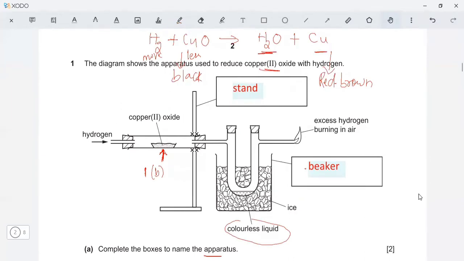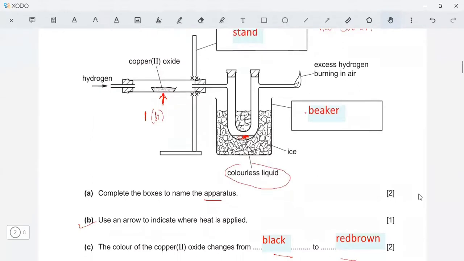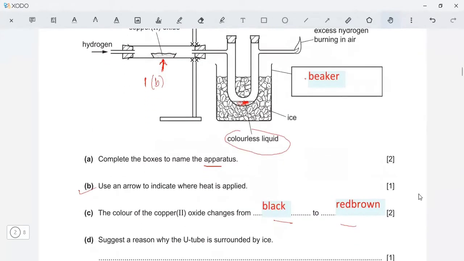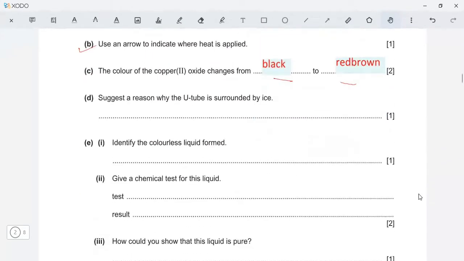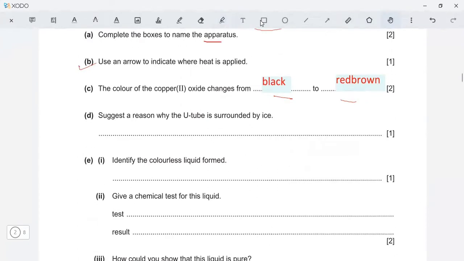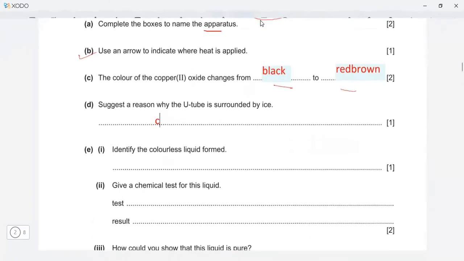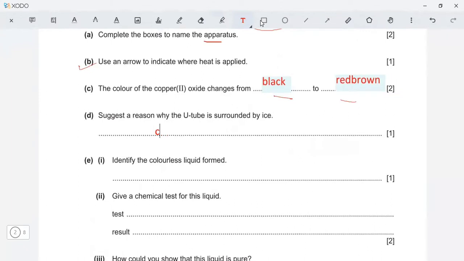So that gas can be condensed here, in the form of liquid. So basically to condense the gas, the water will be collected as liquid. What is that process we call? We call it condensation. So basically to condense the liquid, we use the U-tube here. So just write the reason: to condense.